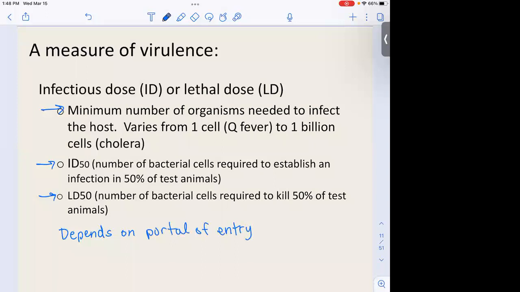And it also depends on the age, the health, the immune status of the individual. Okay, so the actual numbers of pathogens that you have to be exposed to to get sick could be different for different people. And sometimes we have no idea because we don't have a good animal model.